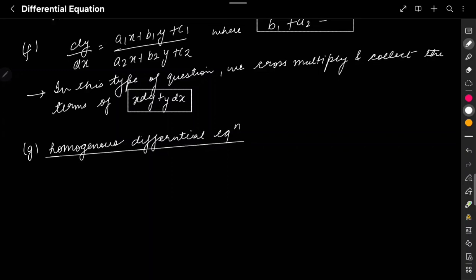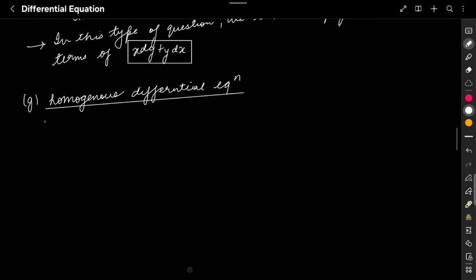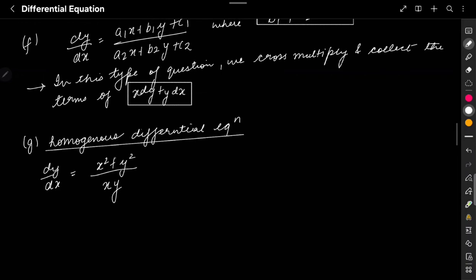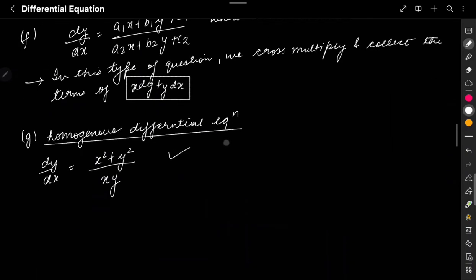A homogeneous equation is a type of equation in which the sum of the exponents of x and y in each term, in numerator and denominator, is fixed. For example, if dy by dx is x square plus y square upon xy, it is a homogeneous differential equation, because the degree of every term is 2, 2, 2 and 1 plus 1, 2.